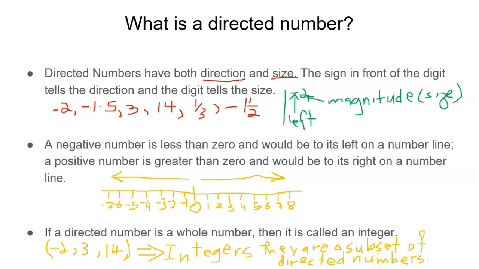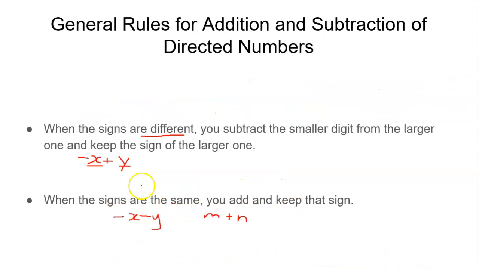So integers are a subset of directed numbers, and this means that all integers are directed numbers. However, all directed numbers are not integers.